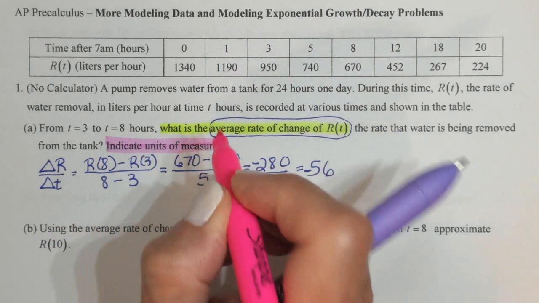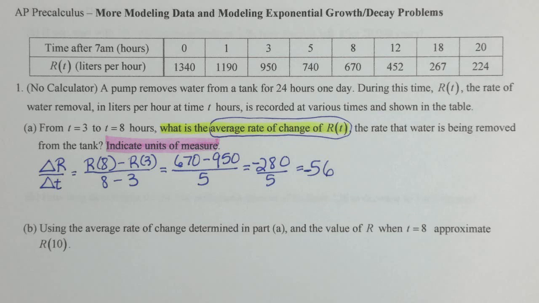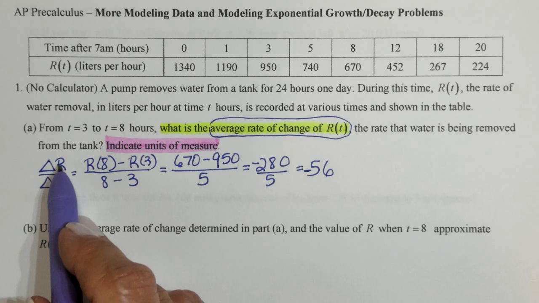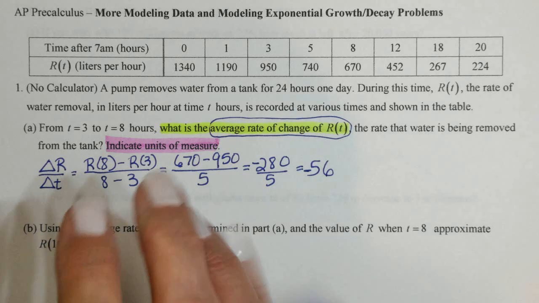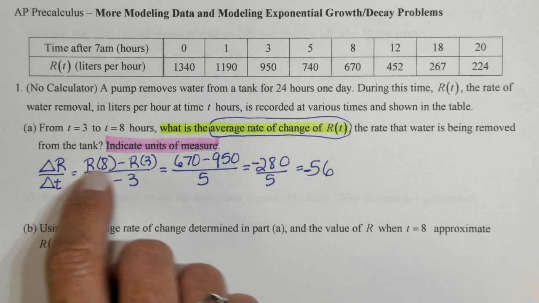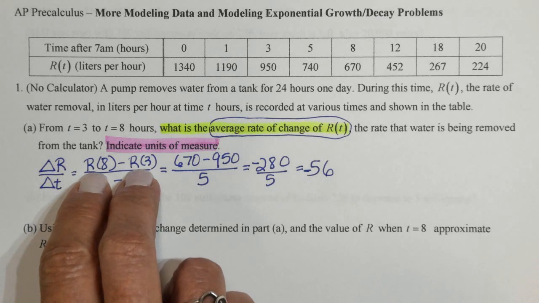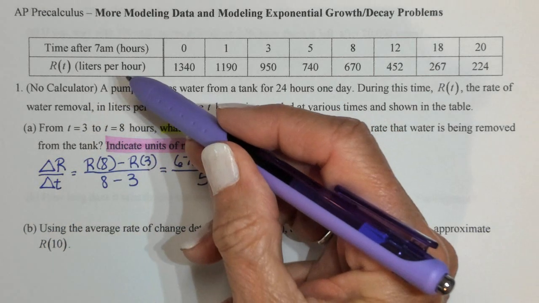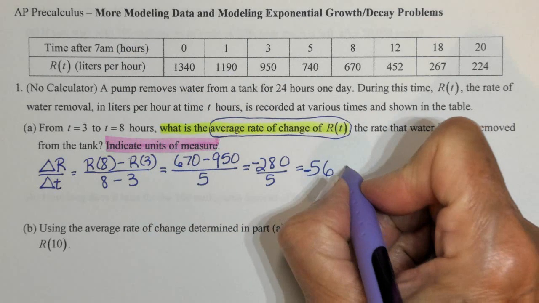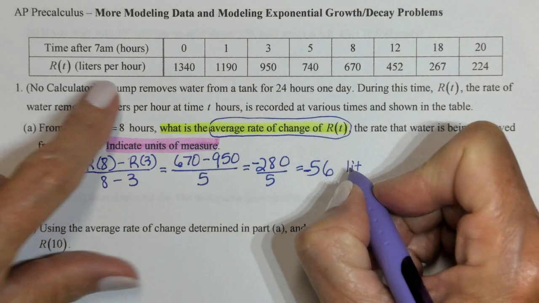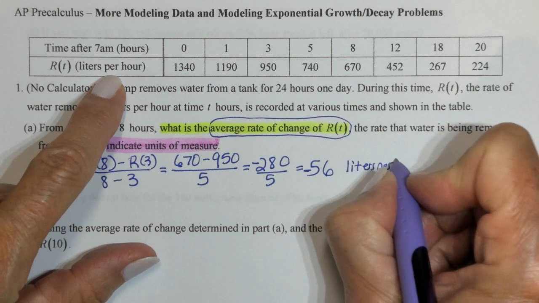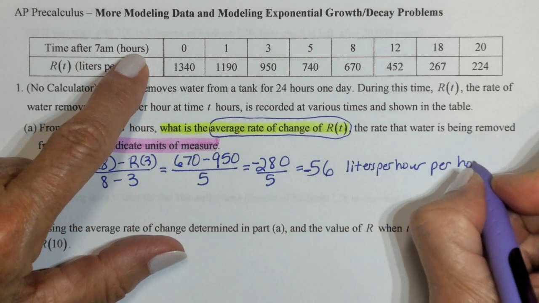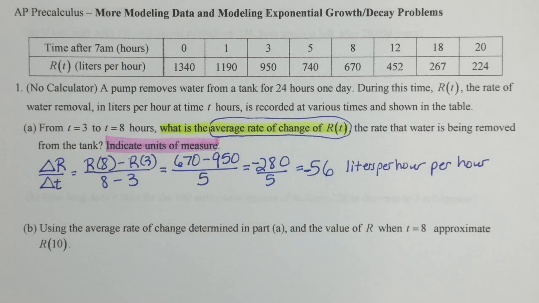So what would the units of measure be for that? Well, let's think about where this negative 56 came from. It came from change in R over change in t. R minus R will have rate units. T minus t will have time units. So we need rate units divided by time units. So I'm going to write that as liters per hour per hour.